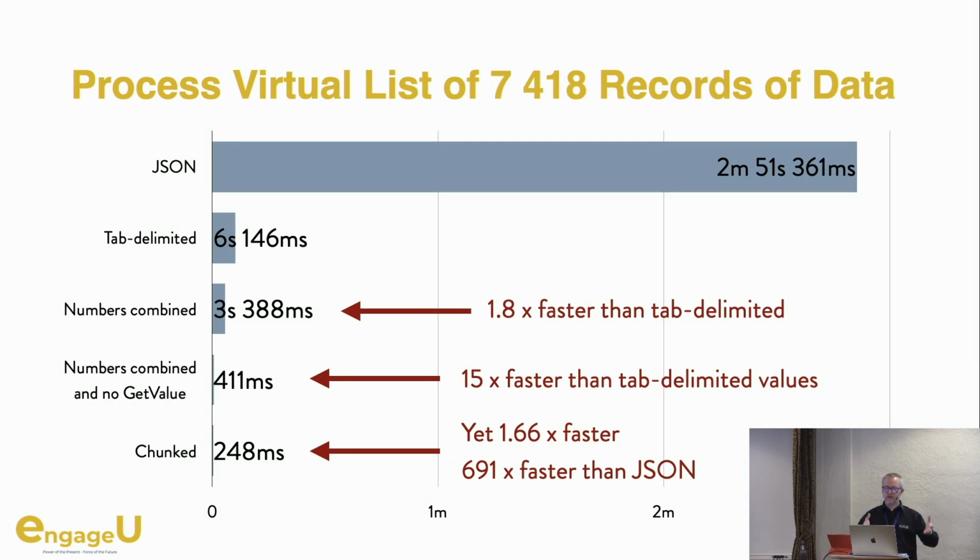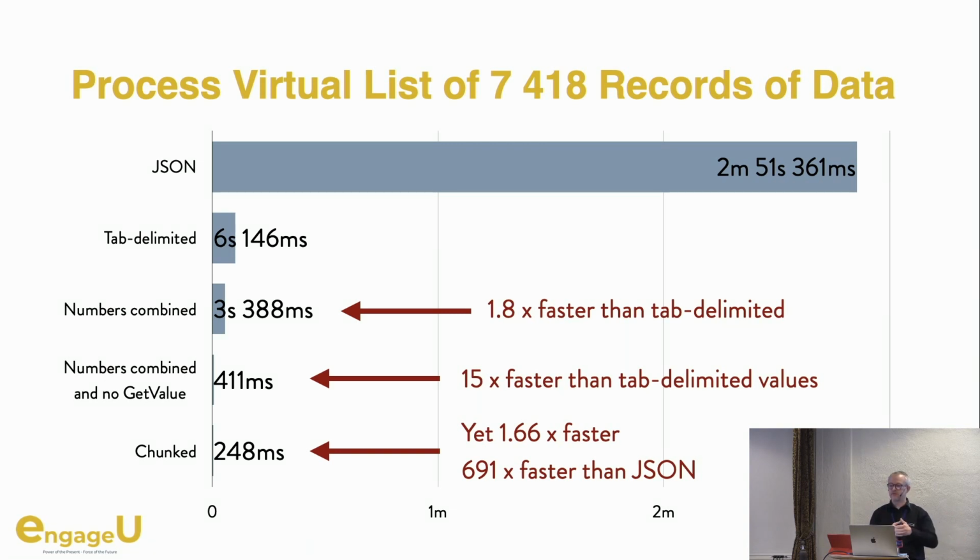So I thought, okay, if I'm getting data from the server and it's numbers, and if I know that all those numbers are integers and they fit within a specific range, like 1 to 1,000 or 1 to 1 million, I can combine multiple numbers into one just by multiplying them by some constant, and then I can extract those numbers the opposite way by calculating Mod and Div and extracting one number from a bigger number. And with this approach, I got the virtual list 1.8 times faster compared to tab delimited values.